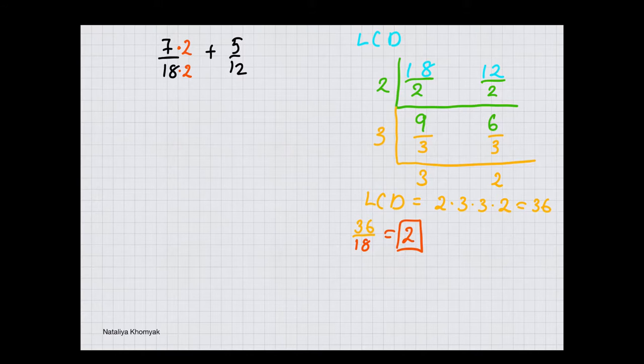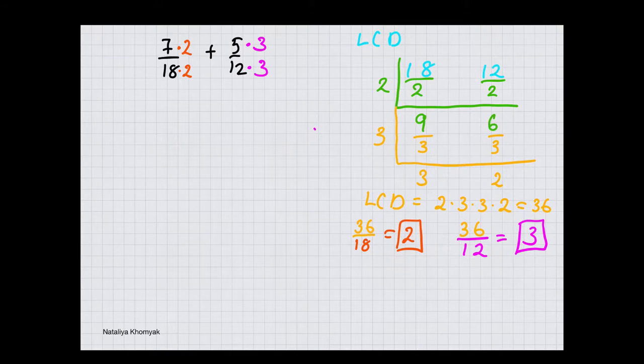And for the other denominator, 36, we want to divide it by 12, and 12 will go into 36 3 times. This is the number I want to multiply 12 by to get 36.